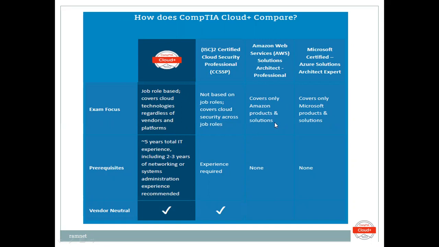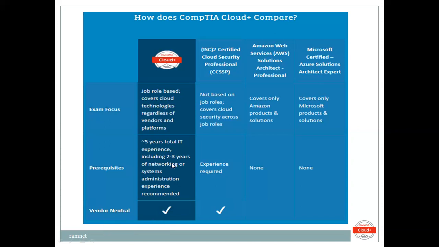AWS covers only Amazon products and solutions. Microsoft covers only Microsoft products. Prerequisites: Cloud Plus needs 2 to 3 years in networking and system administration. For CCSP you require around 5 years of total IT experience. Here you don't require any experience at all; you can go directly for that, but I don't recommend it.